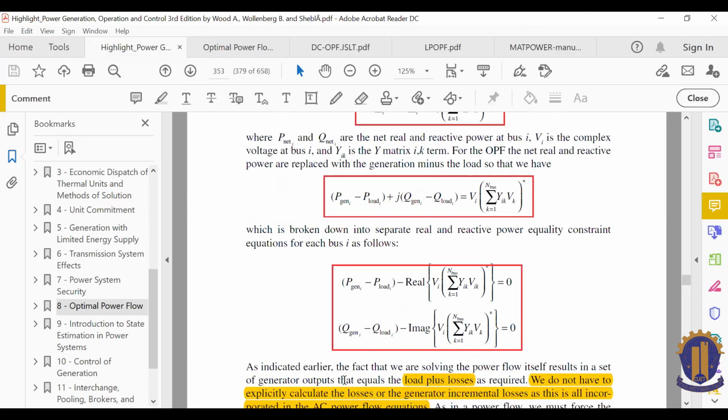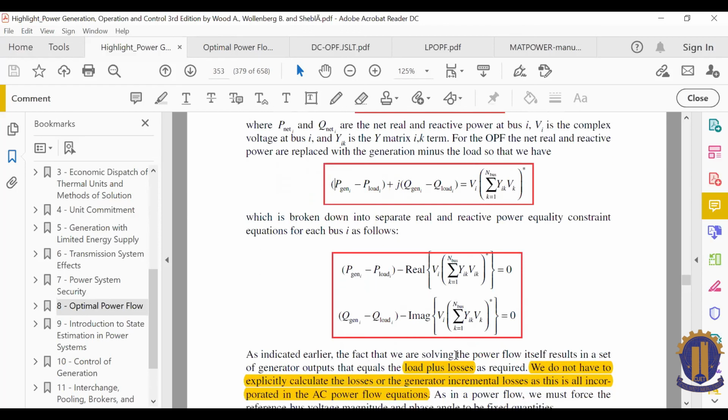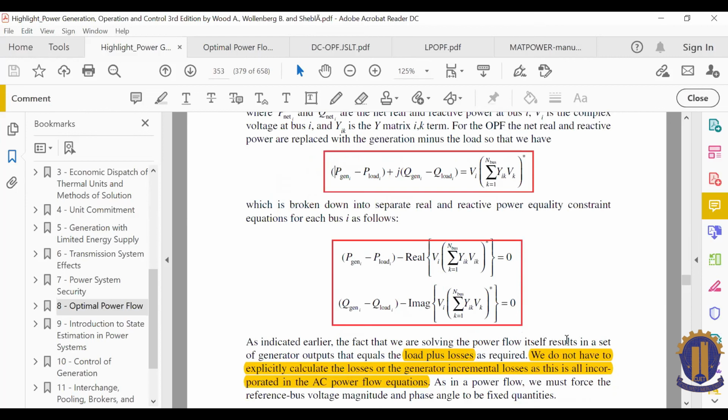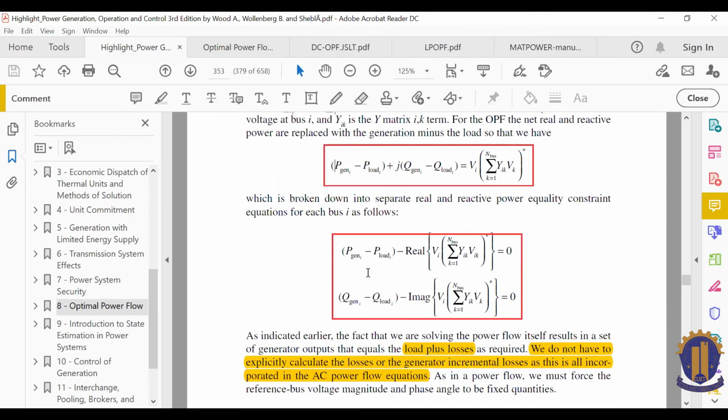As indicated earlier, solving the power flow itself results in a set of generator outputs that equals load plus loss as required. So here we will not have any separate loss equation, but losses are still there because the Y matrix has the elements R and X. So losses are distributed throughout the transmission line, not lumped.